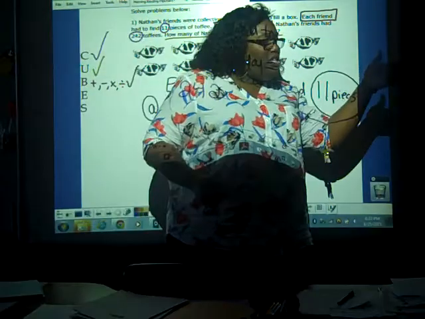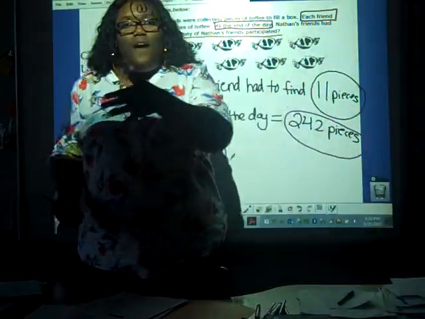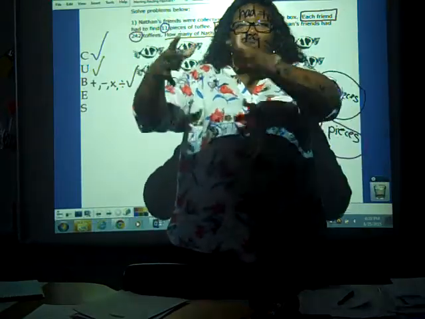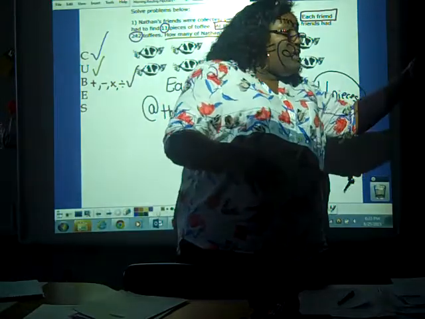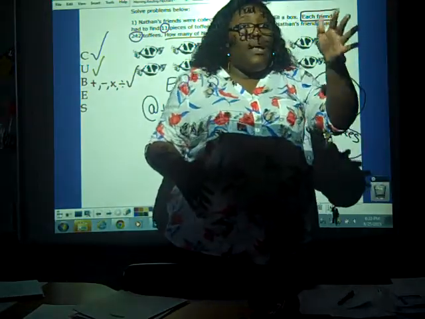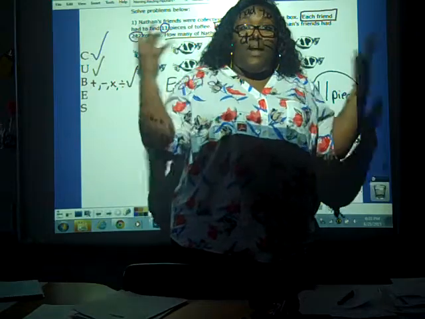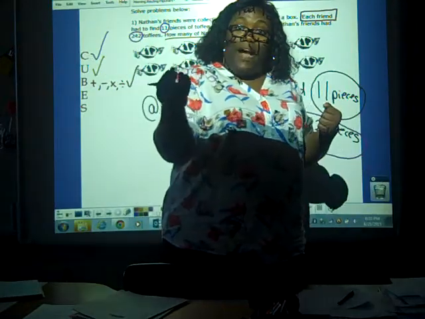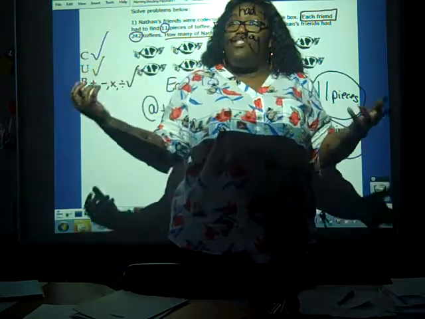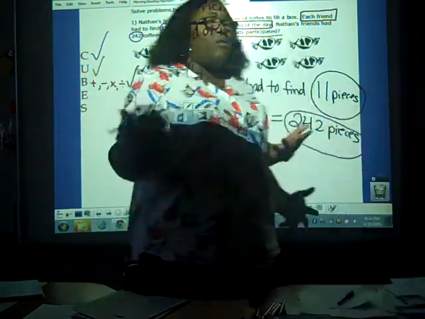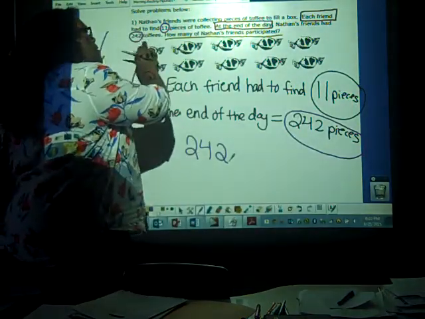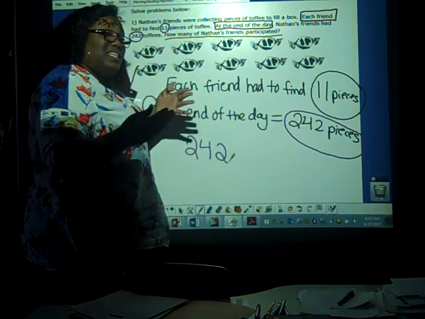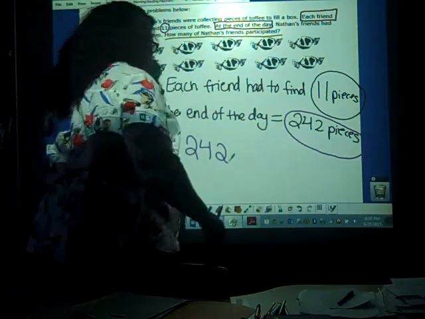Because if he's telling each one of his friends to find a certain amount, they're going to add up to 242. You get 11, you get 11, you get 11. When you get everybody's amount together, you multiply it by how many pieces they had to find, 11. That gave them 242. But we don't need to multiply because we already know how much they had at the end of the day. We just need to know how many people participated in finding the toffee pieces.